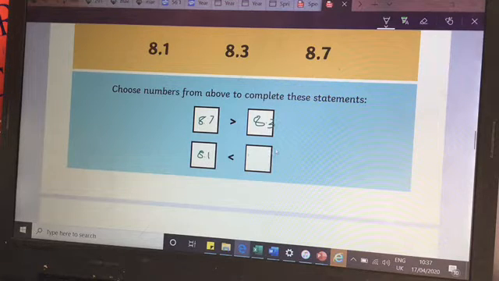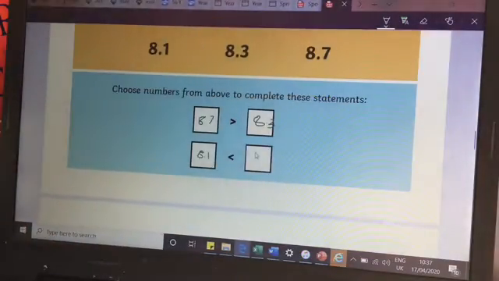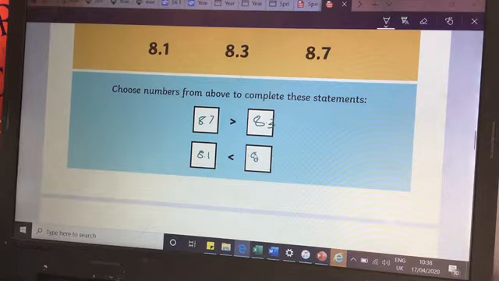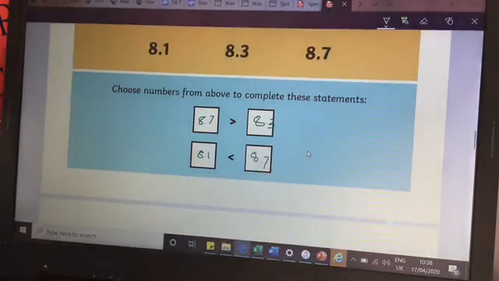Well, I could choose, couldn't I? It's less than 8.3 and it's also less than 8.7. In this case, I'm going to put 8.7. There you go. 8.1 is less than 8.7.